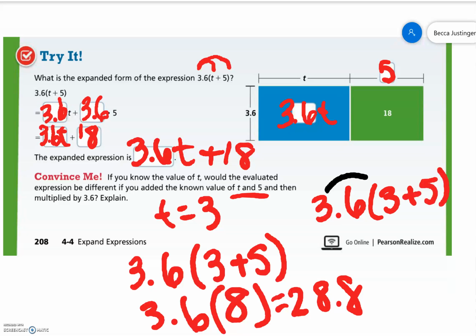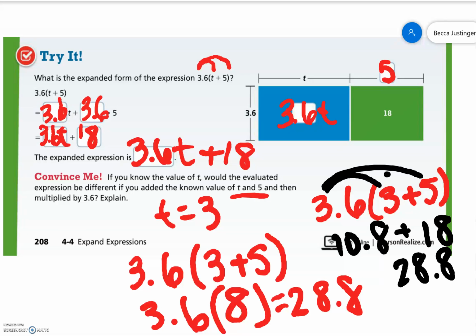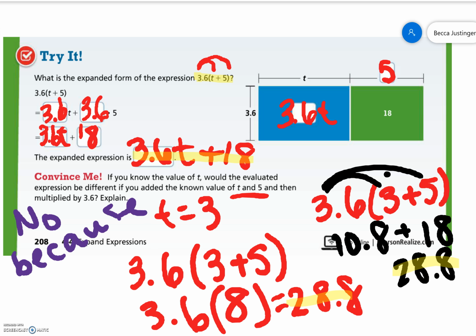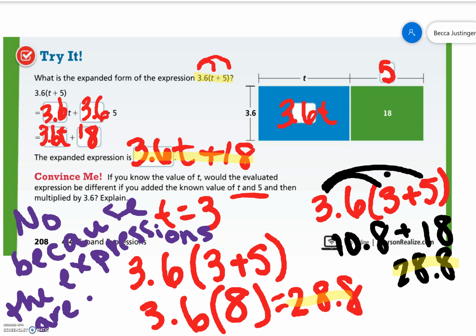So we distribute in 3.6 times 3, which is 10.8, and then 3.6 times 5, which is 18, and then added. Is there any difference? No, there's no difference because they are both equivalent expressions. So they give me the same answer. No, because the expressions are equal.